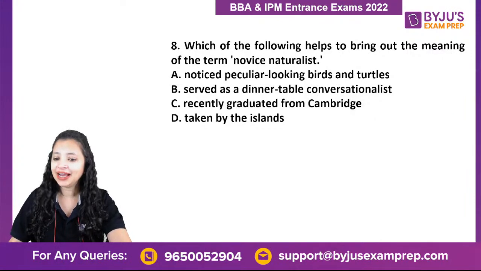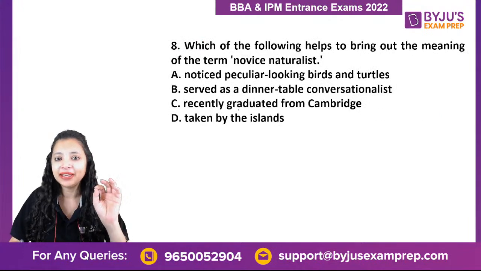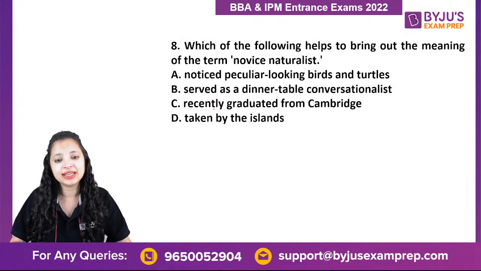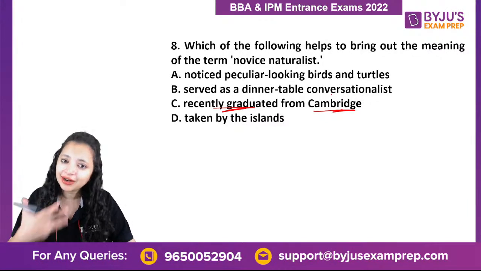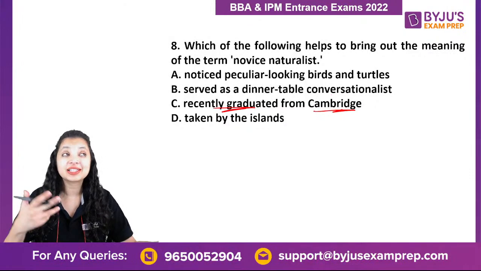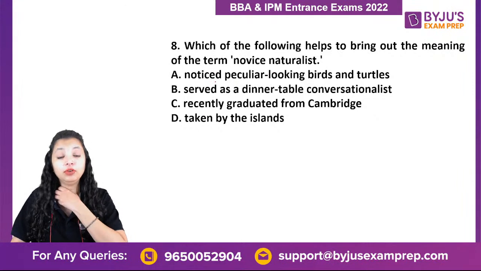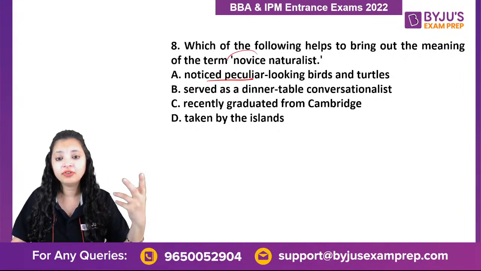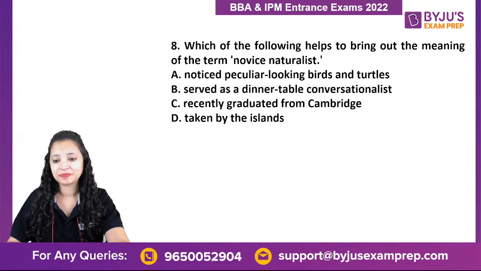The answer clearly here has to be a C. Because he was a beginner, he has just started doing things. He had recently graduated from Cambridge. He was not an expert. He was just a graduate who had started exploring the world. So it was not, he did not specifically notice. Novice only fits one option, and that's option C. The answer is C. Okay, inexperienced.